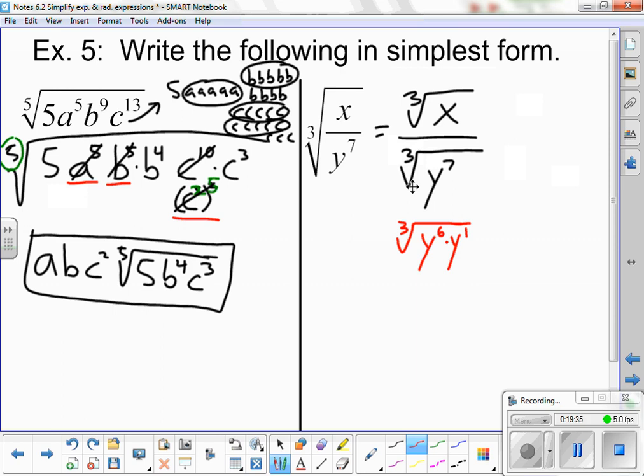Now I can either think of this as there's 2 groups of y to the 3rds in y to the 6th, or I can rewrite y to the 6th as y to the 2nd power cubed, because now I got my cubes to match up. So I know I got a y that can come out. So I got a cube root of x over a y squared comes out, and then I still got a cube root of y here.